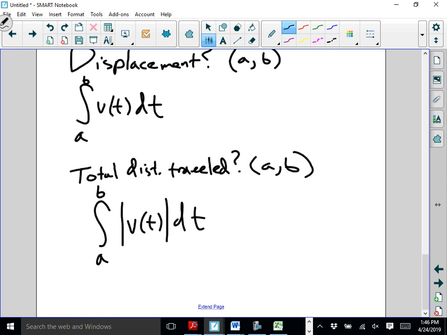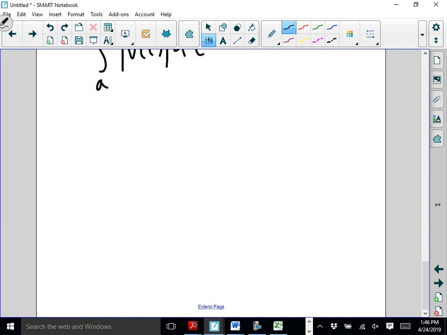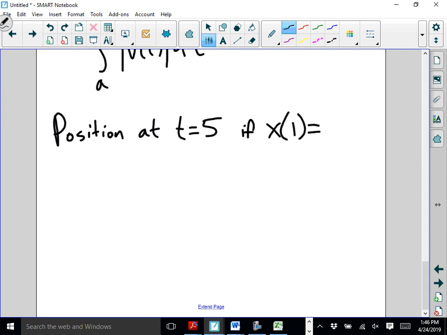Okay? The last thing we want to know that they ask a lot is they want to know a position at a certain time. What is the position at t equals 5 if your position at t equals 1 was 7? Okay? So we want to know the position at 5.